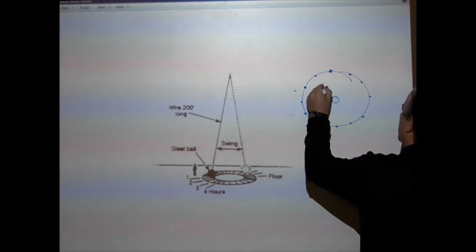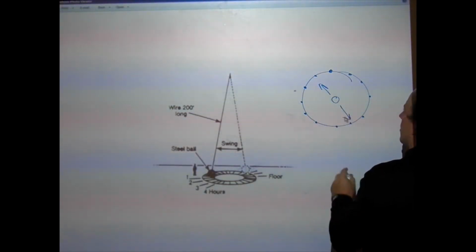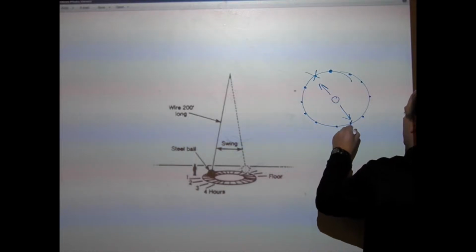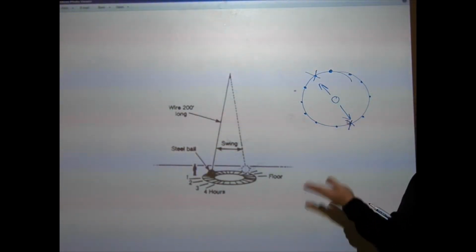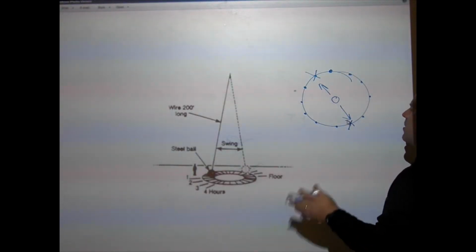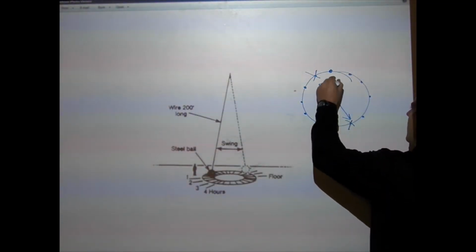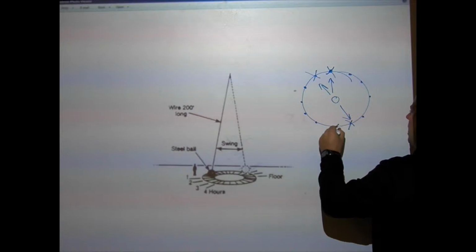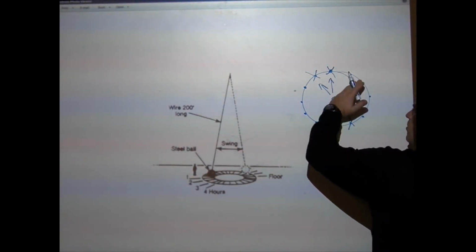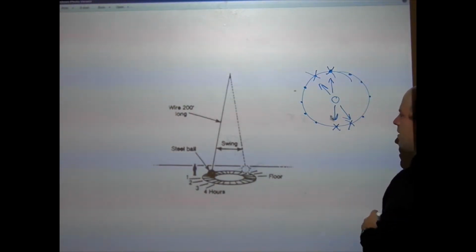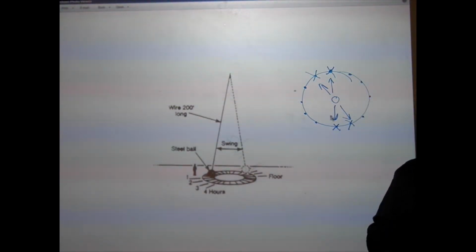As the pendulum turns, or appears to turn, it will knock down the pins. So, before I do the next one, where do you think it's going to knock down the next pin? It's going to knock down the next pin here, and here. Over a period of time, this is going to appear to shift, and that's what the pendulum does. So, continuing.